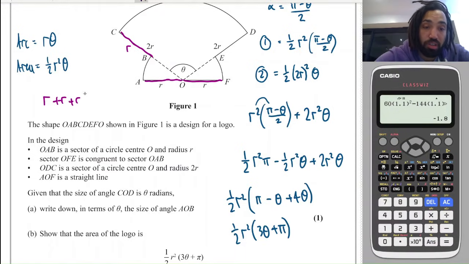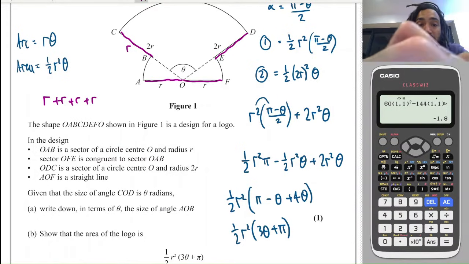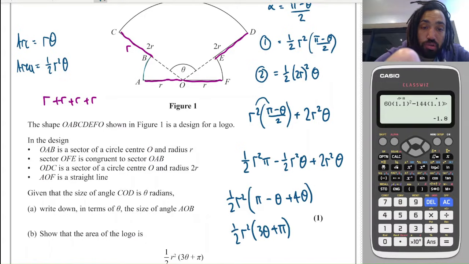So that's another r. And then there's another one here, so that's another r. And then I need to find two of these blue arcs, and using the arc length, they are r multiplied by that angle, which we know was pi minus theta over 2.